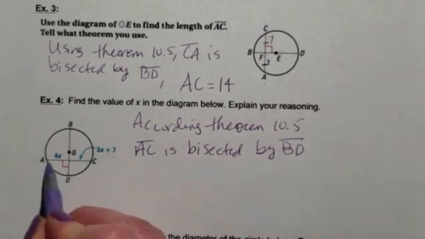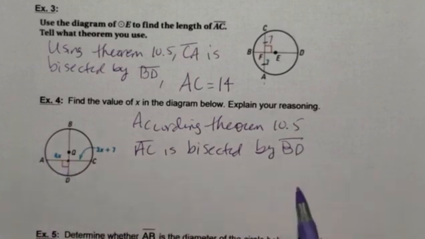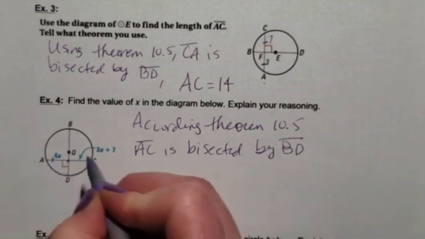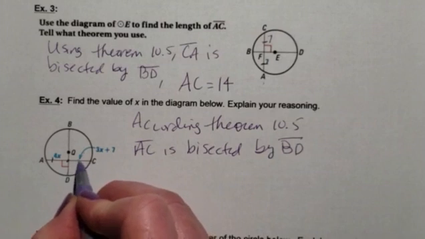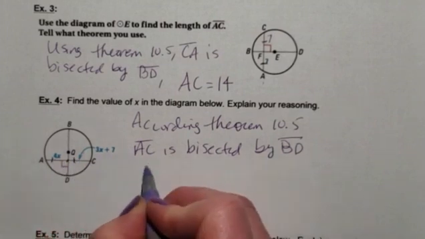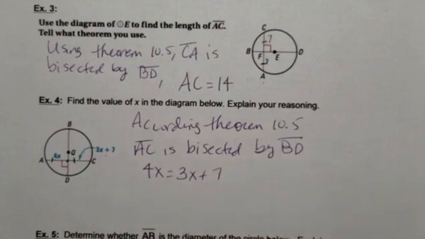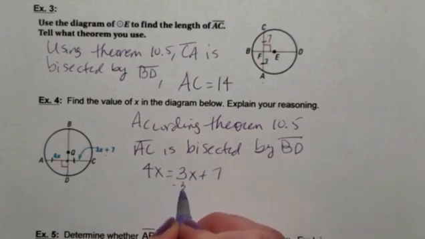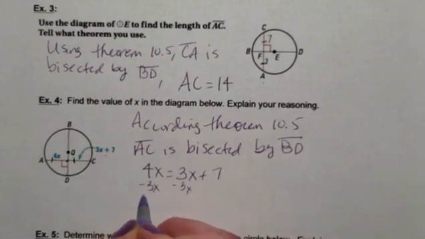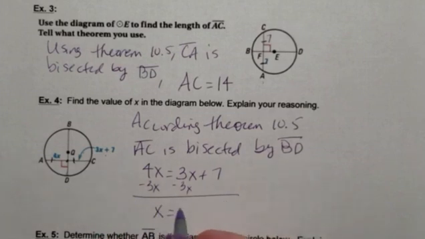So that means that the segment from A to this midpoint here is the same length as from here to here. So 4x has the same length as 3x plus 7. And to solve that, I'm just going to subtract 3x from each side of the equation to get x equals 7.